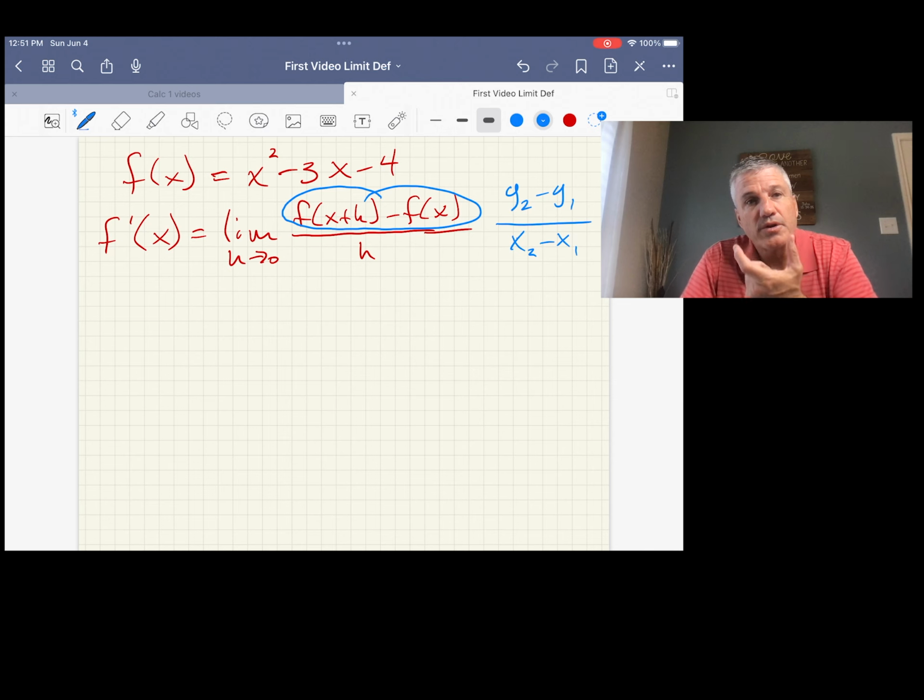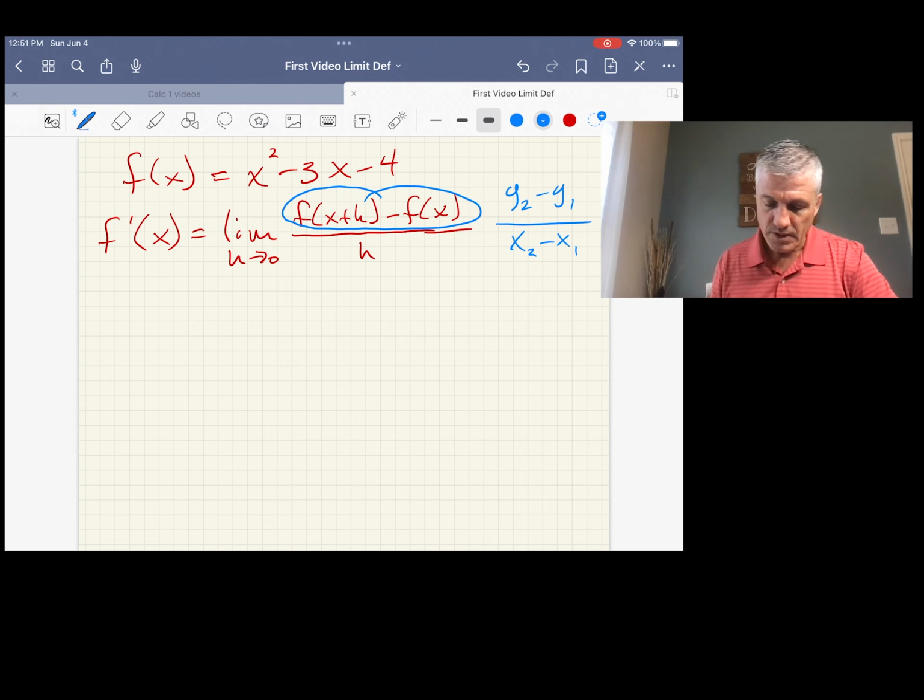But we're allowing the distance between the two x coordinates to get increasingly smaller, and by using the limit, we're letting it get infinitely small. As we mentioned in class, the limit is sort of a magical mathematical tool that allows us to find the slope at one point, even though slope requires two points.